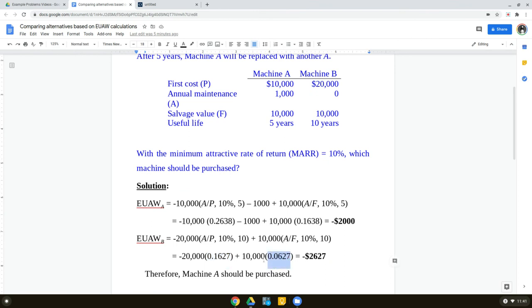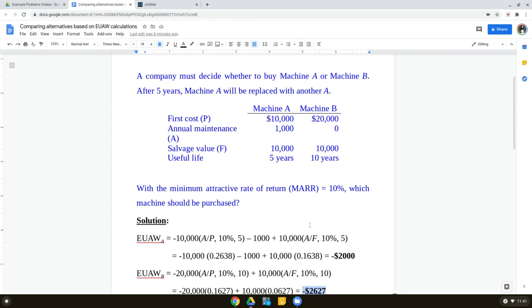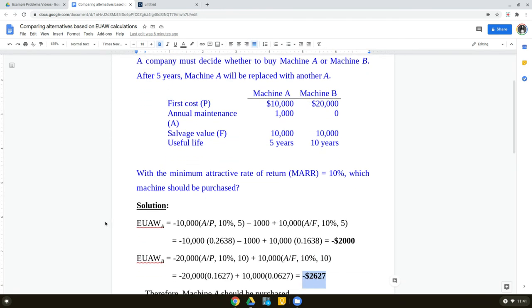And if you do all this math, it comes down to minus 2,627.